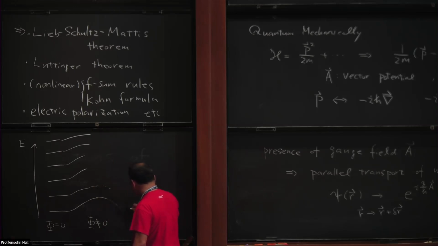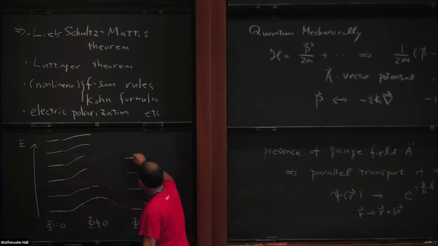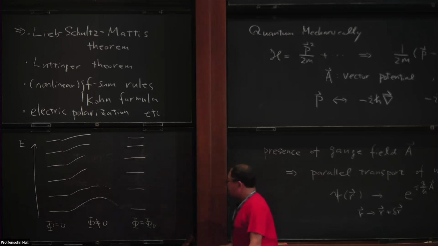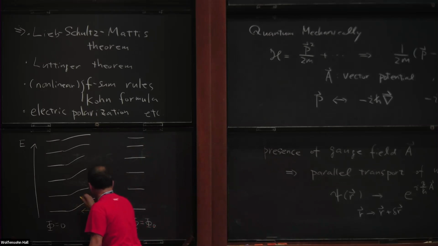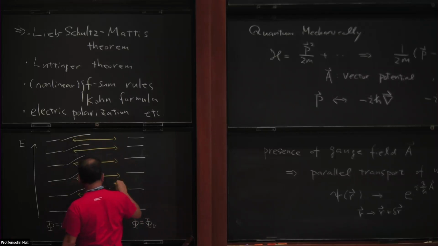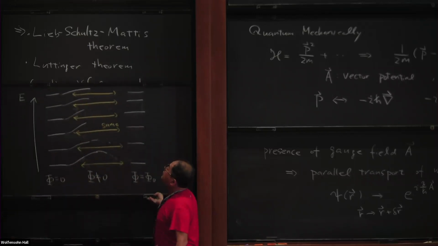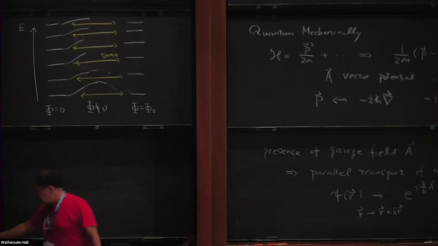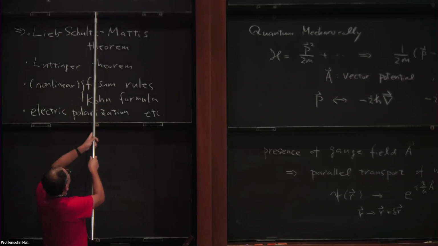But in the end, if you come back to this particular value, then the spectrum should be completely identical to the spectrum at phi equals 0. So these two must be identical. So this is a consequence of the absence of AB effect for the unit flux quantum.